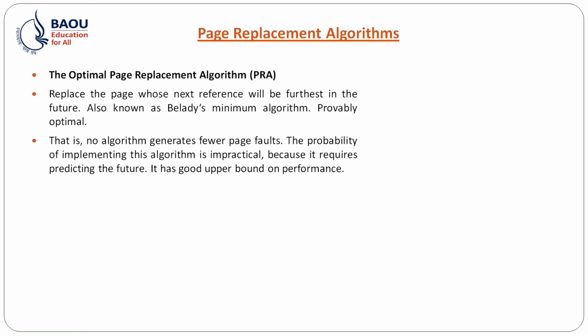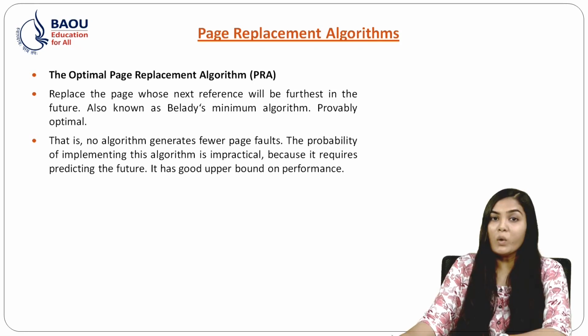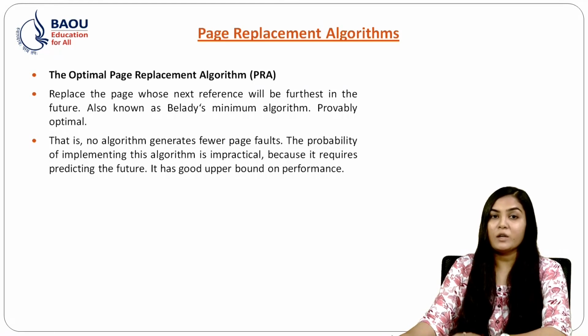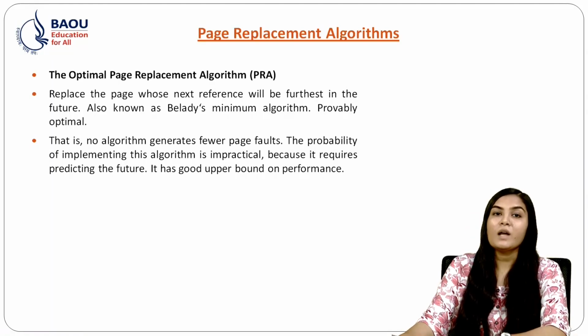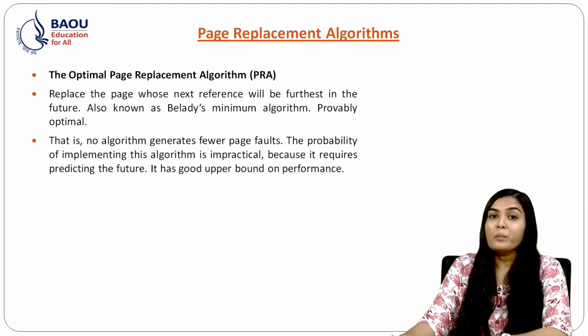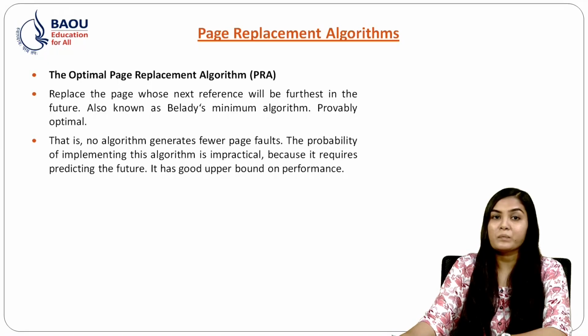So let's start with the first page replacement algorithm, which is called the optimal page replacement algorithm. In this algorithm, pages are replaced which would not be used for the longest duration of time in the future. Let's understand this page replacement algorithm using an example.